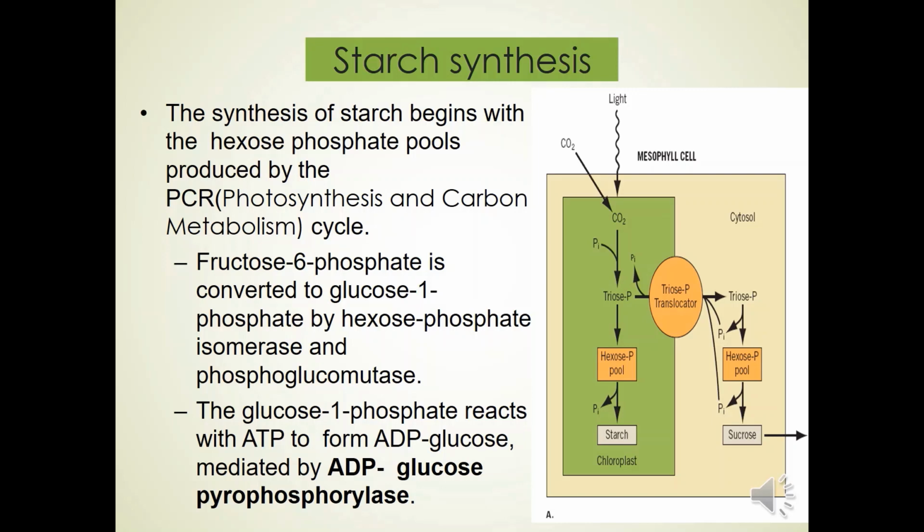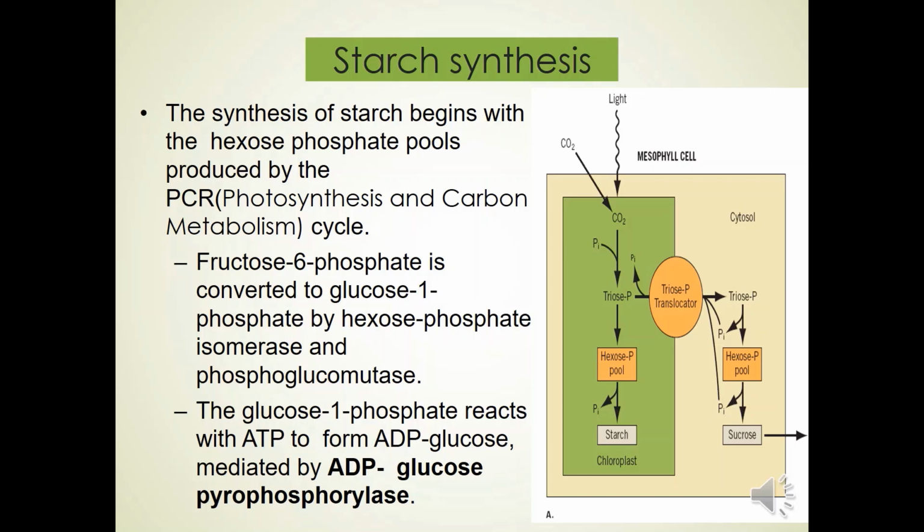For both processes, fructose 6 phosphate is converted to glucose 1 phosphate by enzymes we call hexose phosphate isomerase and phosphoglucomutase.